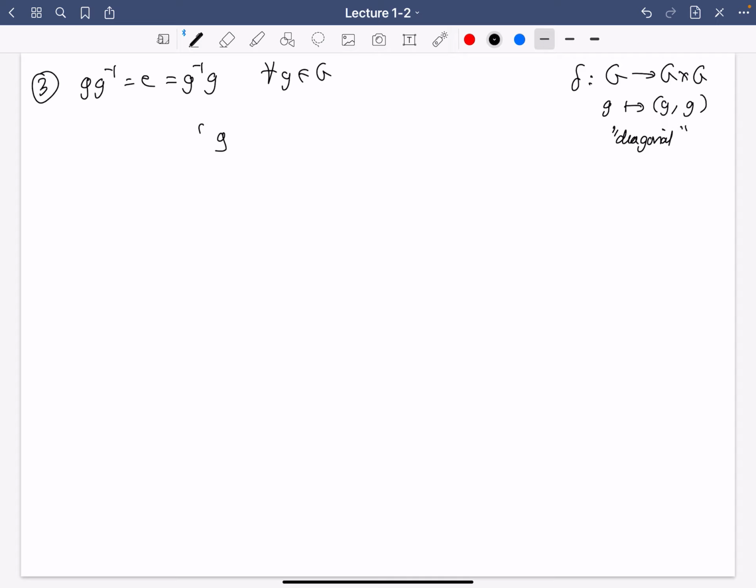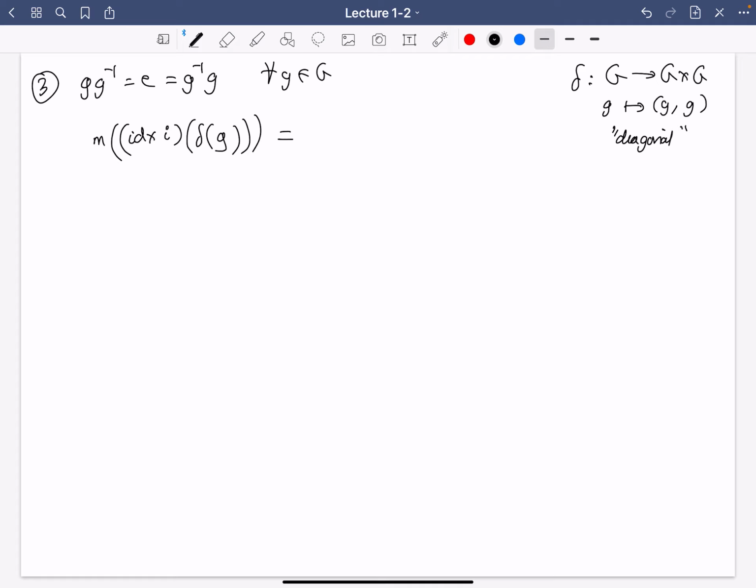If I apply that to my g, I get g comma g. Then if I apply the function identity cross I to g comma g, that gives me g comma g inverse. And then if I multiply that, that gives me g times g inverse. I want that to equal e.